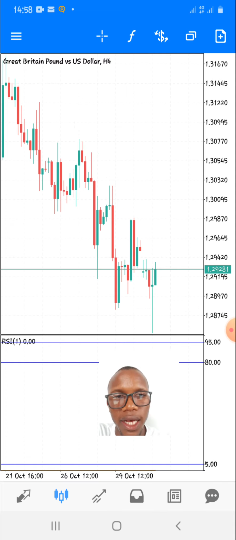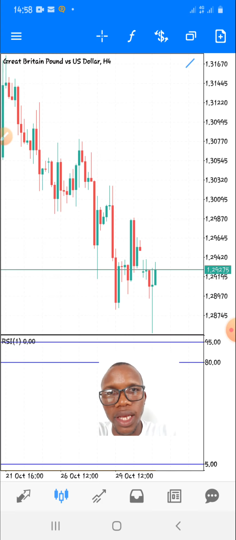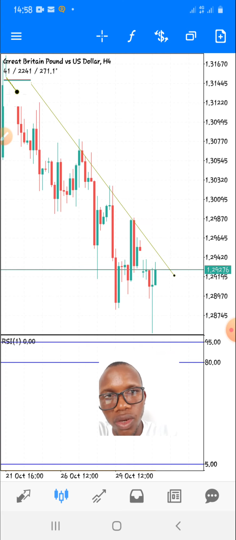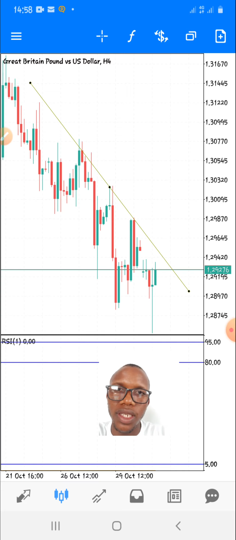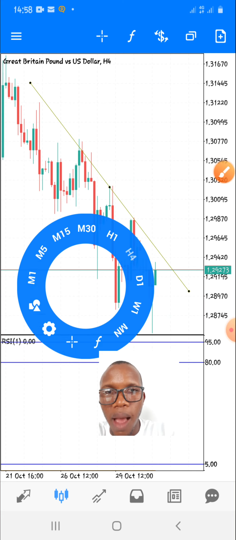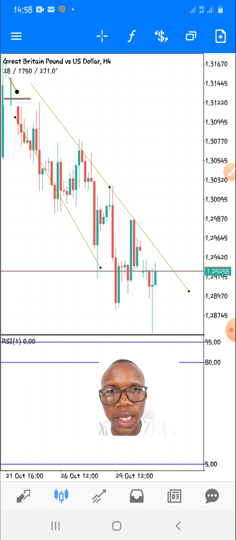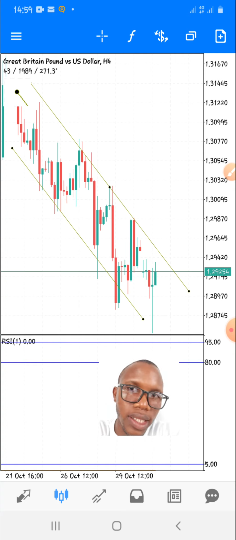So in this case, we will start demonstrating by drawing our trend lines. And thereafter we will demonstrate by drawing another trend line, because if you are drawing a trend line, it should go on both sides, not one side.